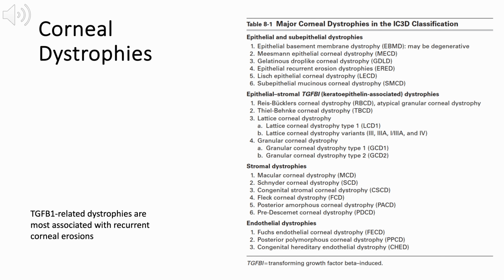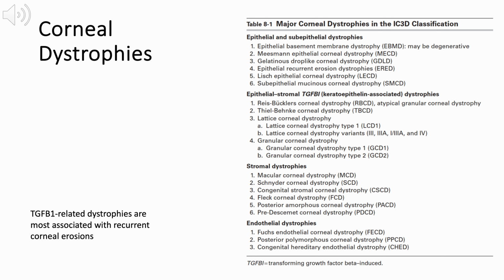Next are the epithelial stromal dystrophies, which are associated with mutations in the TGFBI gene. This group includes Reis-Bücklers corneal dystrophy, Thiel-Behnke corneal dystrophy, lattice corneal dystrophy with several variants, and granular corneal dystrophy types 1 and 2. These are the TGFBI-related dystrophies, and they are the most strongly associated with recurrent corneal erosions.